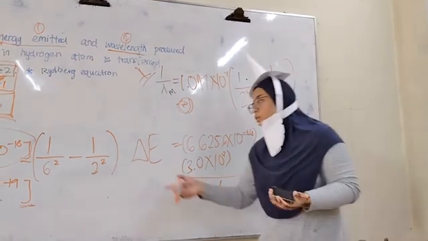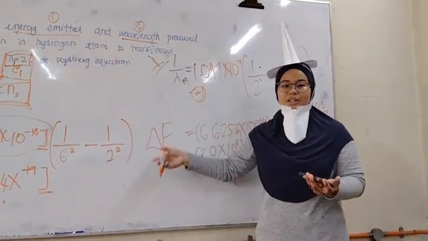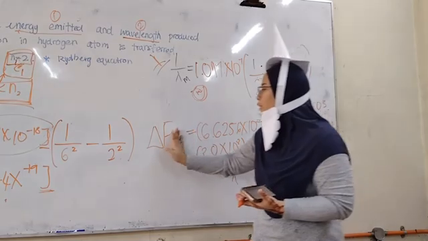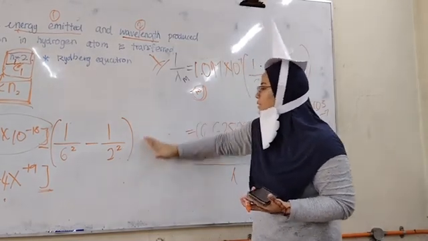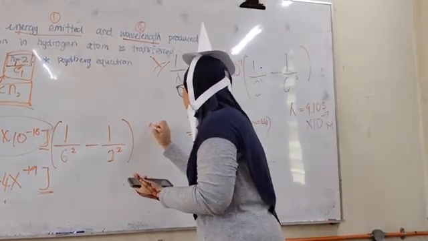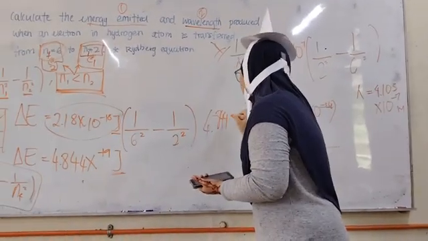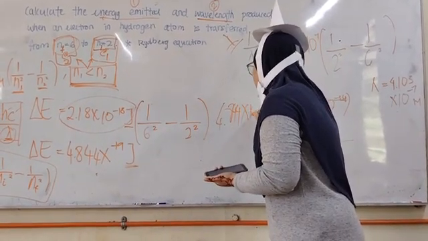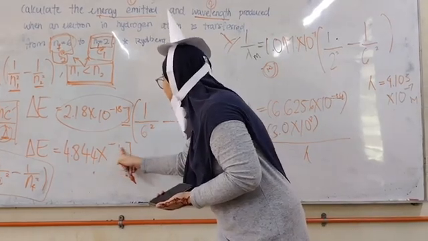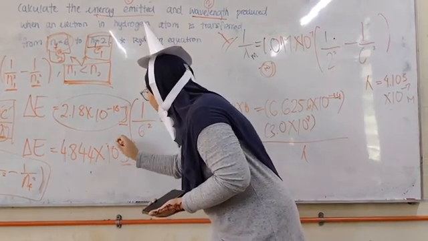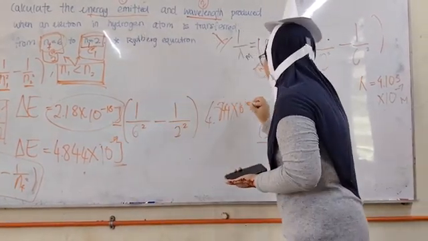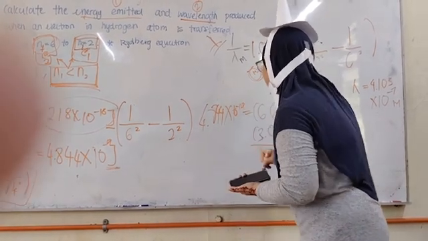So now, can we already substitute this one? Yes, because we found it earlier. We're going to erase this and substitute it with 4.844 exponent negative 19.